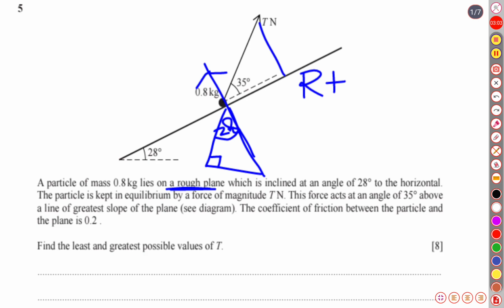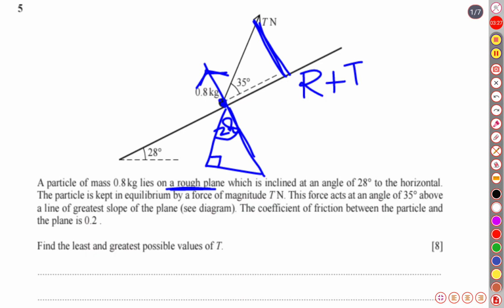Here is our particle. The force acting upward on that particle is along this line. So R plus the upward force T.